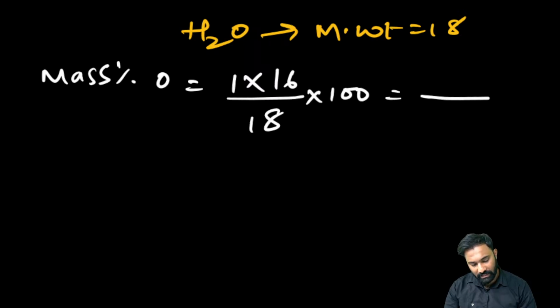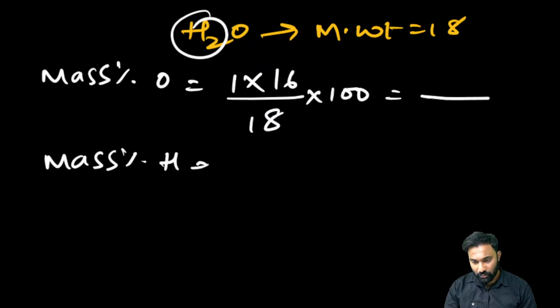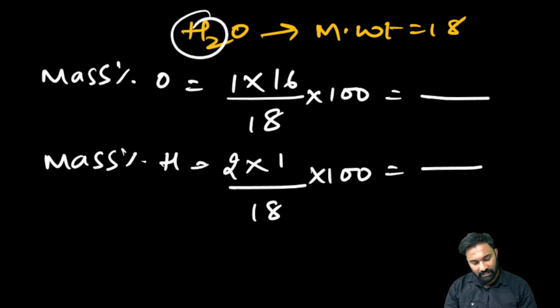That will give you the mass percentage of oxygen. Now, mass percentage of hydrogen: how many hydrogens? 2, right? 2 into its atomic weight, which is 1, and molar mass 18, into 100.